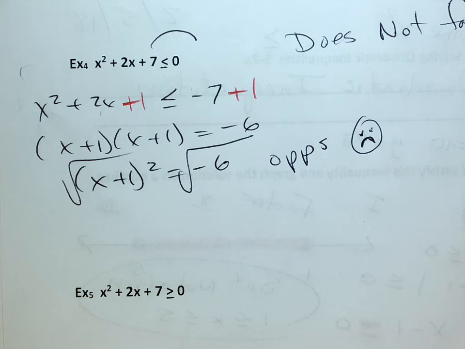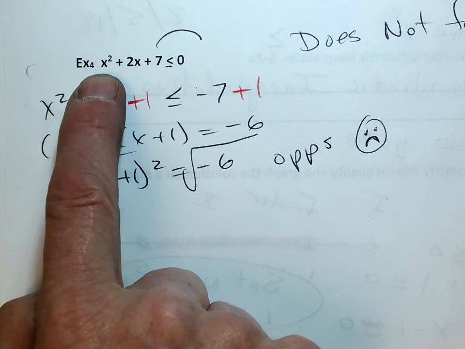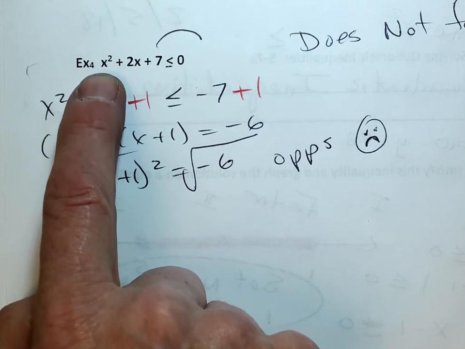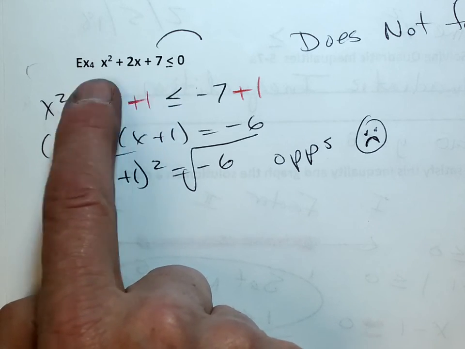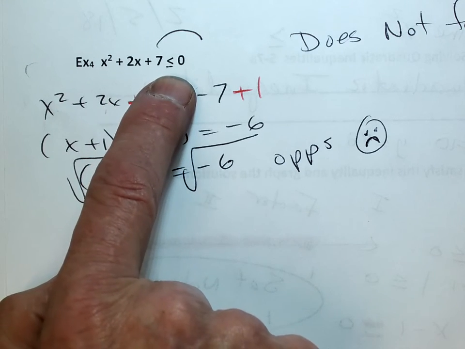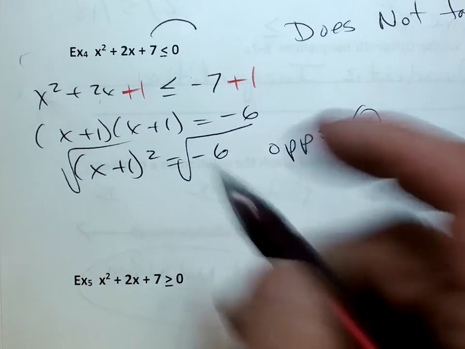So we're not going to get any answers at all. So if I plugged in 0, let's just test it, okay? What do you get? 7. Is 7 less than 0? No. So there's no answers.